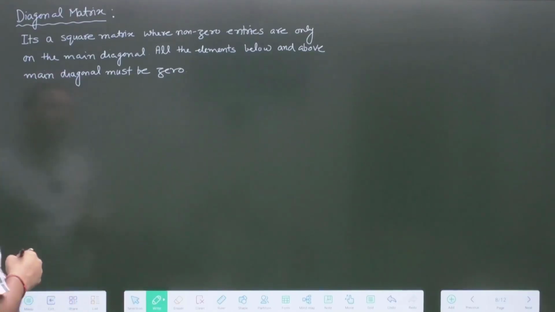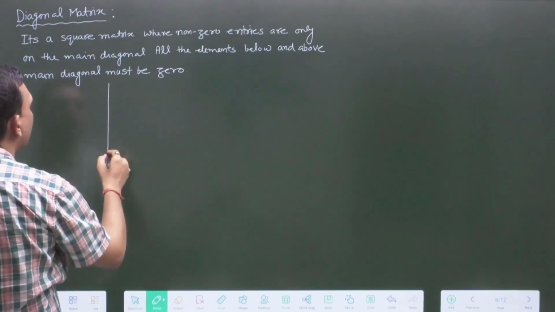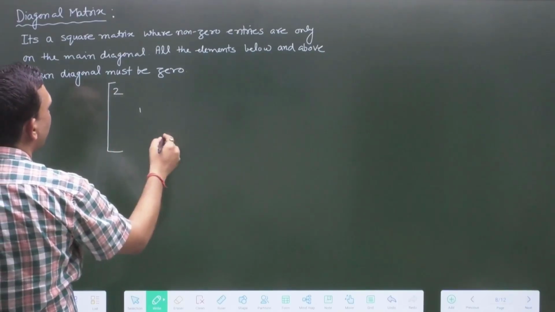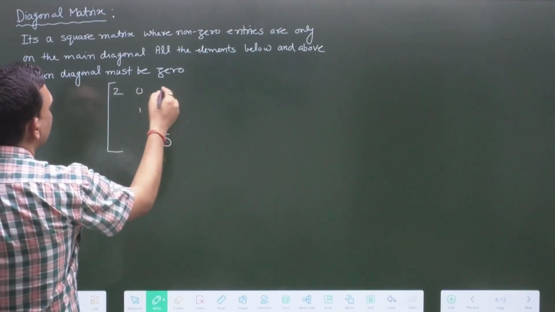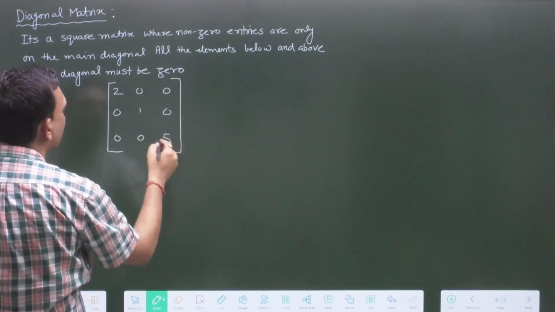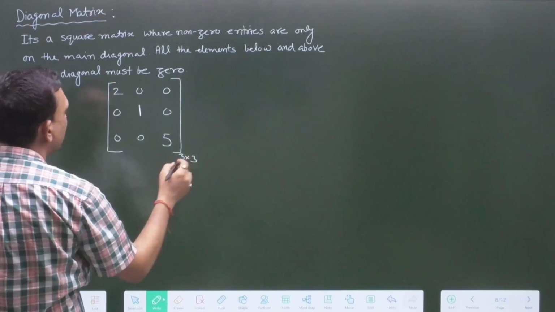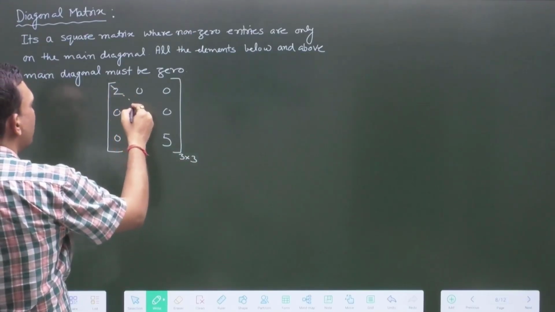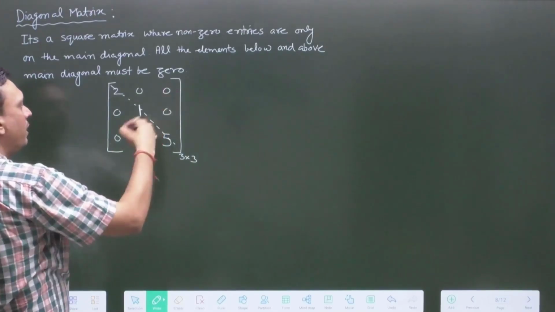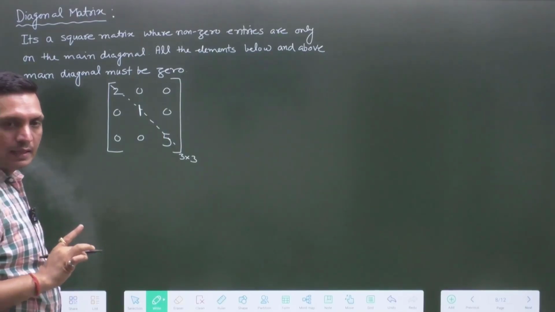So in a diagonal matrix, non-zero entries are only on the main diagonal. For example, if you have, let's say, 2, 1, 5. It's a 3 cross 3 diagonal matrix, where non-zero entries are only on the main diagonal. All the elements below and above main diagonal must be 0. So that is called a diagonal matrix.